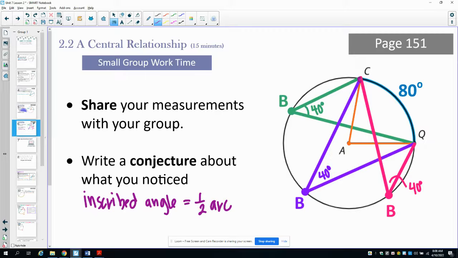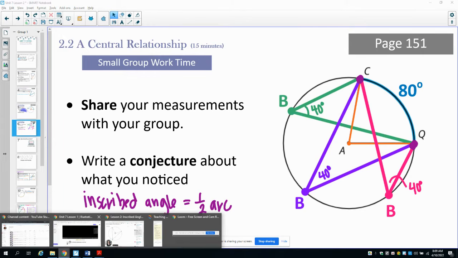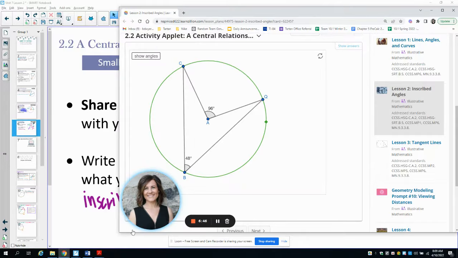And the same arc, right? Because they're each going from C and Q. So if the central angle is made from the same arc, it appears that the inscribed angle is half the amount. Or you could maybe be thinking that the arc is double the angle. So let's actually take a look at this conjecture and see if it continues to work.